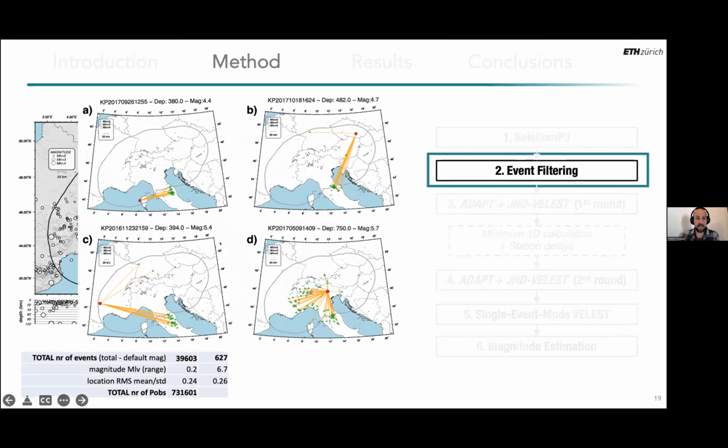Here is an example of 4 fake events that, as you may appreciate, are actually erroneously located. For instance, the one in panel A, of course, belongs to the L'Aquila sequence, but it is anyway relocated off the border of Corsica, and so on and so forth.